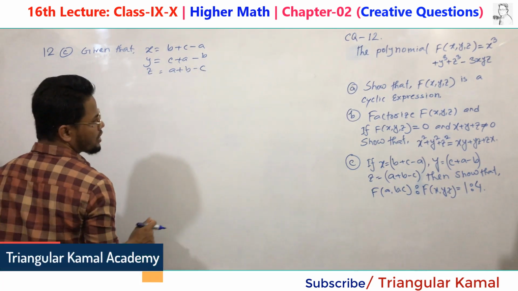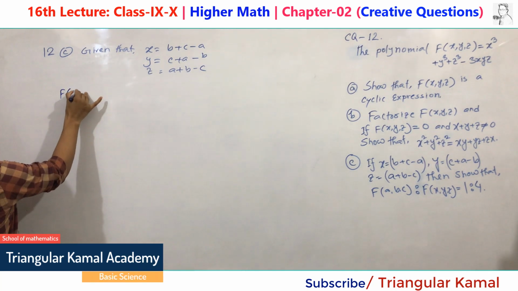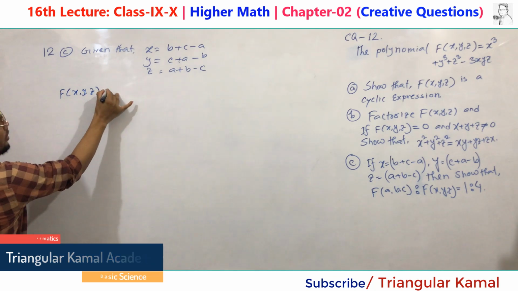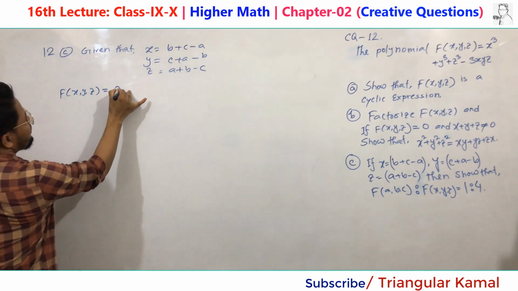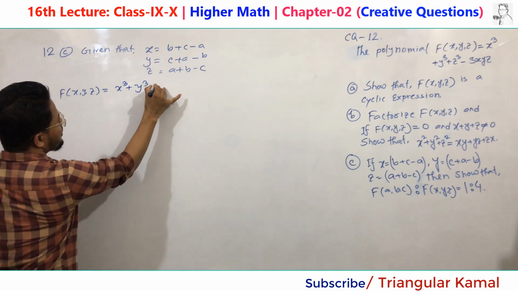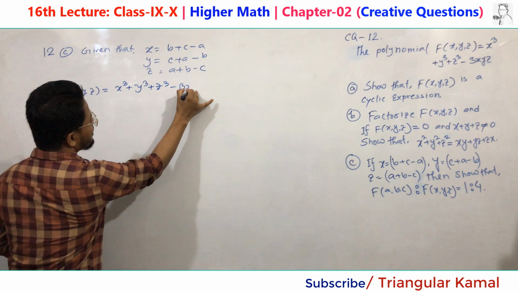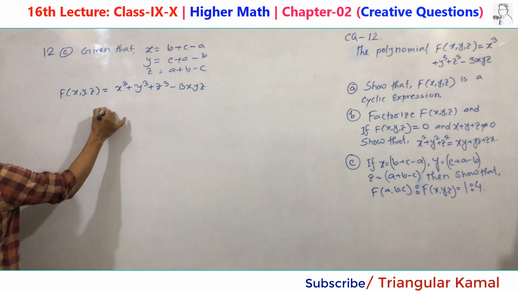Okay, first information you can write here: f of x, y, z equals the given formula x cube plus y cube plus z cube minus 3xyz is the given information here.